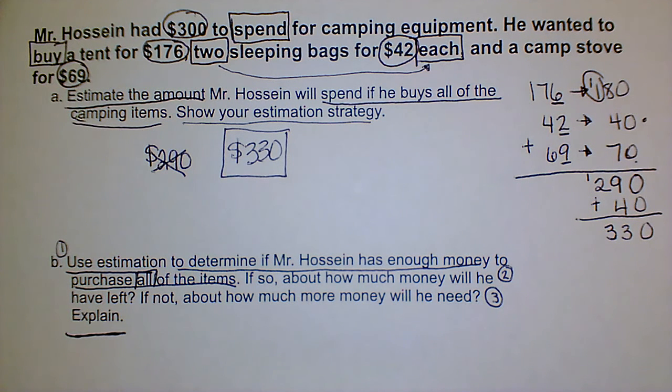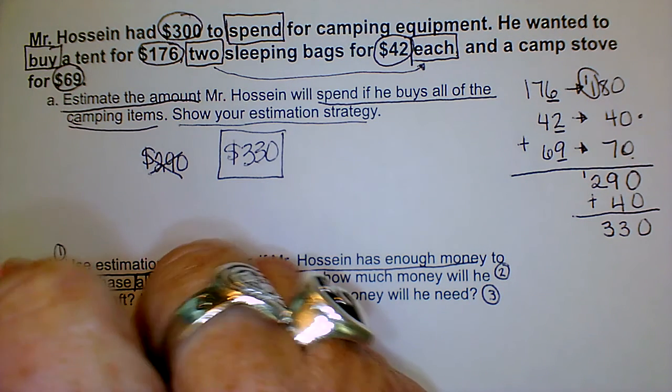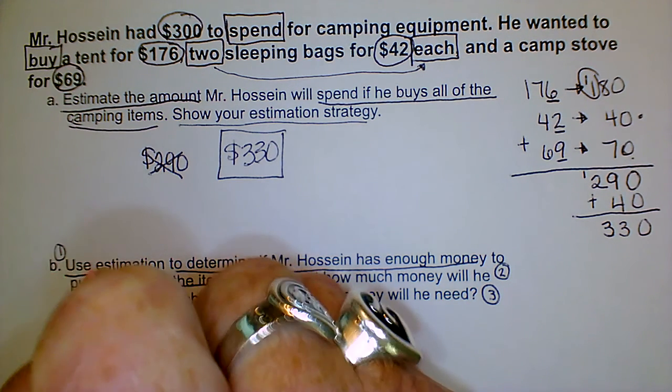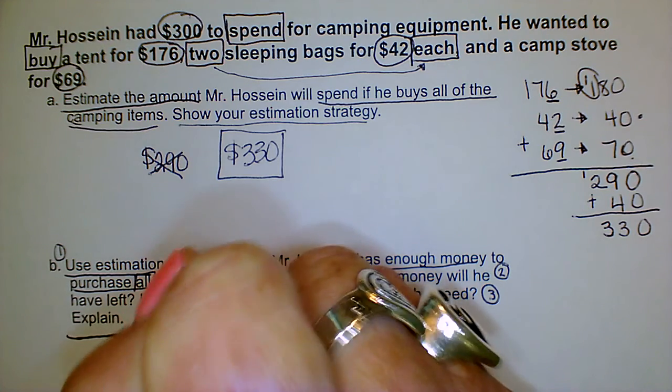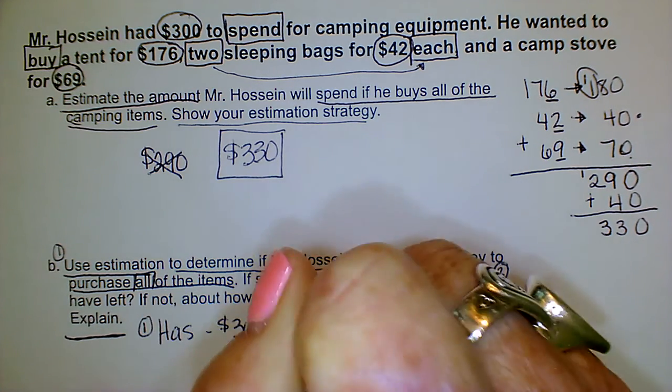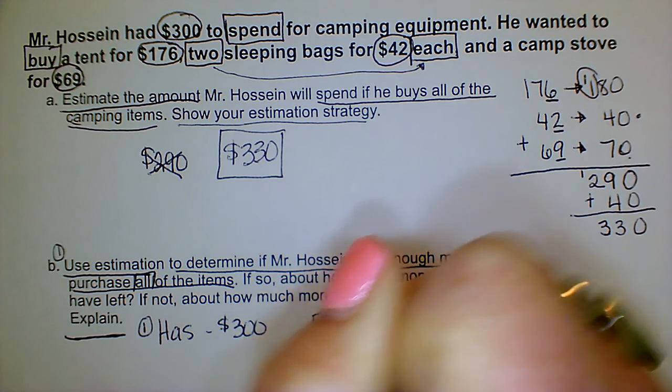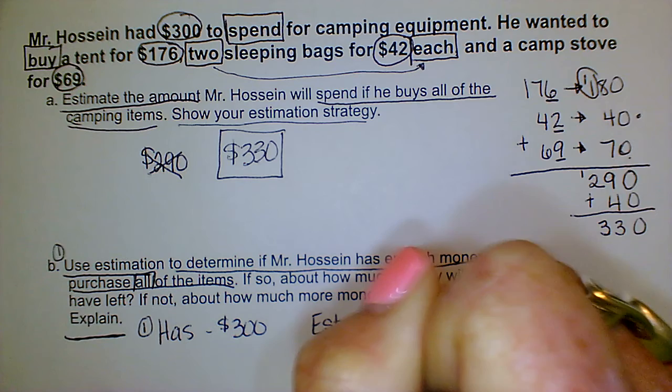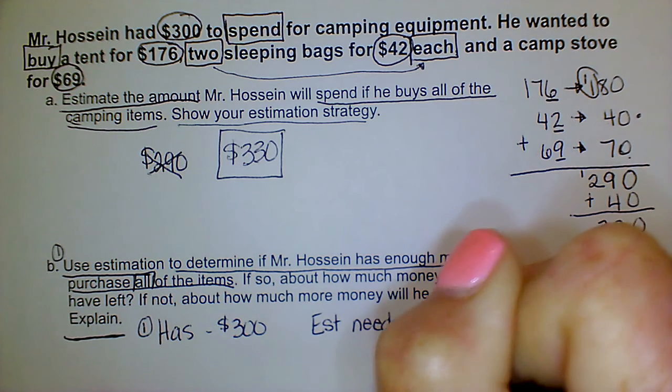So let's look at 1 first. In using estimation to determine if Mr. Hussein has enough money to purchase all of the items, does he if he has $300? No. So he has $300, and we estimate that he needs $330.